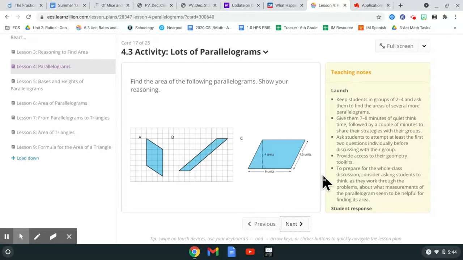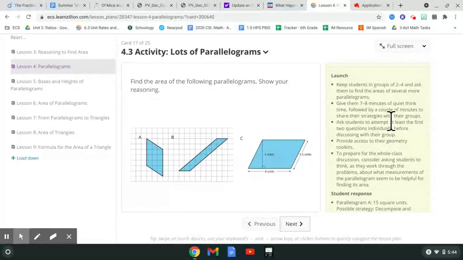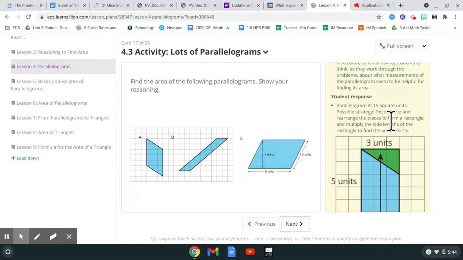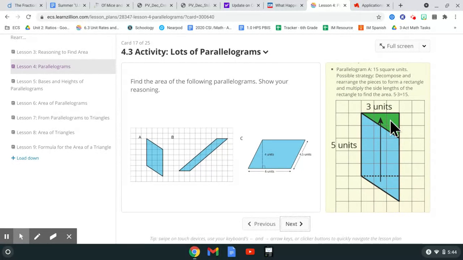Okay, hopefully you paused the video and you have spent some time working on that and you can talk to each other about it. Let's talk about over here on the side what one strategy is. So I could actually take off this bottom piece that looks like a triangle and decompose, move it up and compose, put it back together, and then I will have created a rectangle.